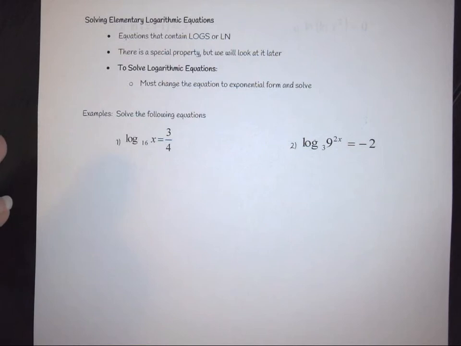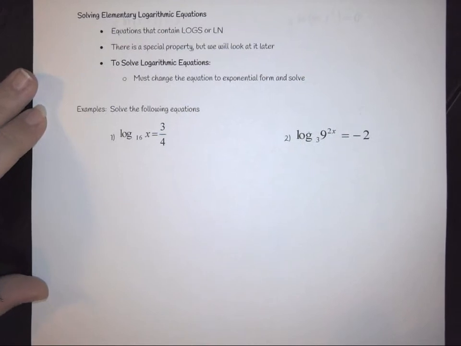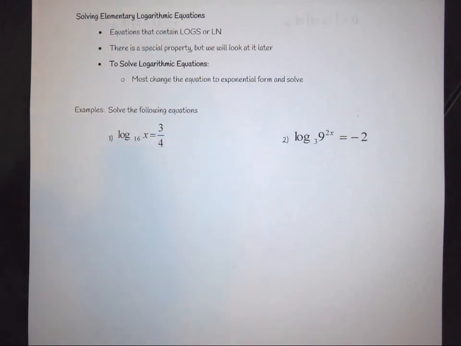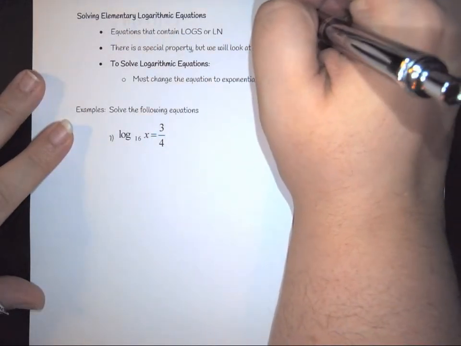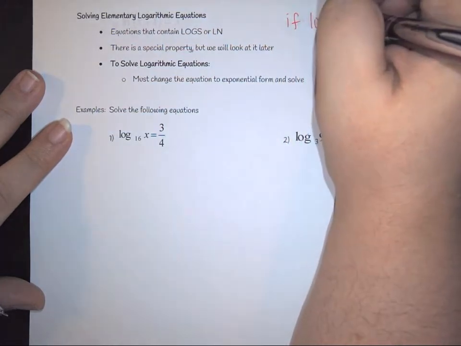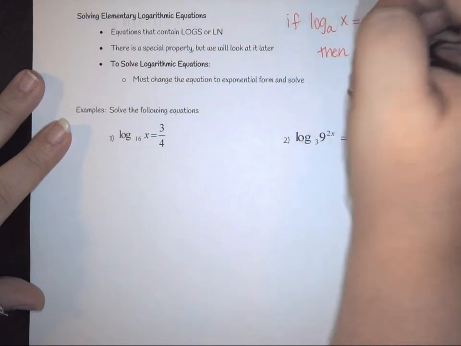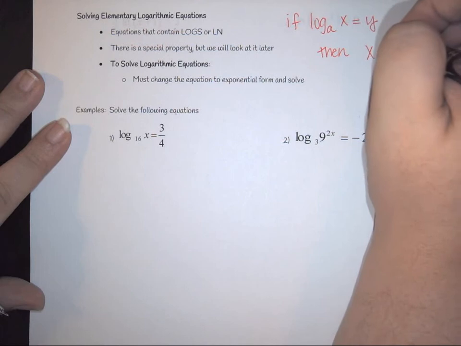Now, another thing that we can look at is solving logarithmic equations. These equations are going to contain either logs or natural logs, usually not both together. But what we have to remember is the rule that says if you have log base a of x equals y, then you can rewrite it as x equals a to the y.